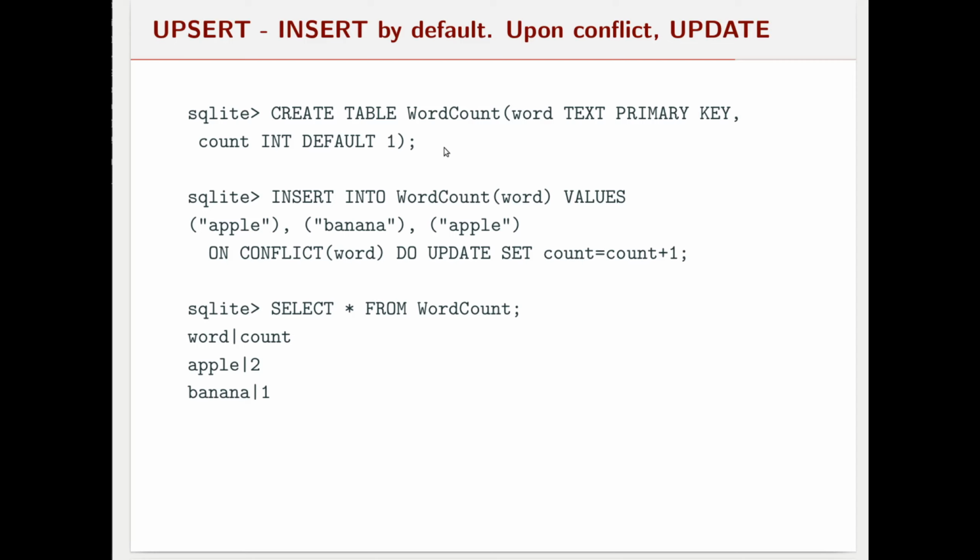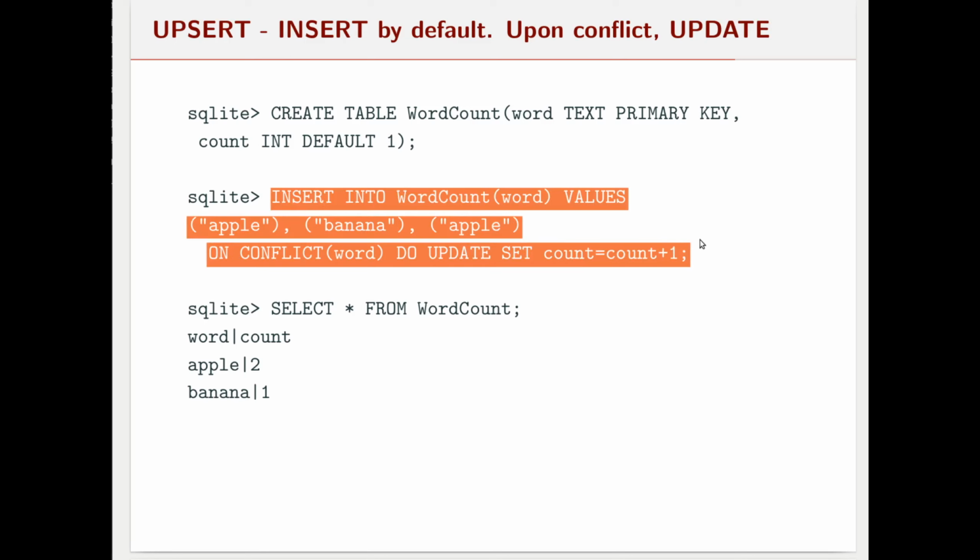You have a certain text or a lot of documents, and you want to produce a count of each word and the number of times it occurred in all the text together. So here we have a table called word count. The word is the primary key and is a text type, and the next column is count, and the default is 1. Let's see what happens when we execute the statement.